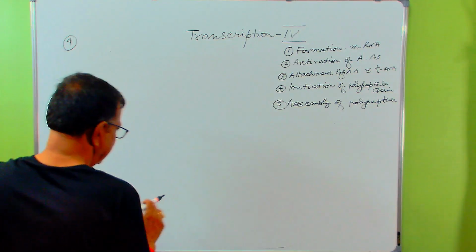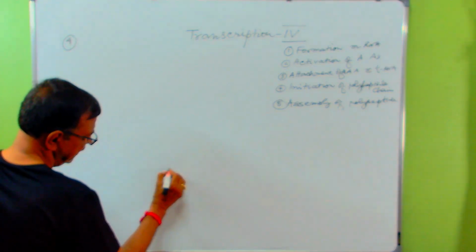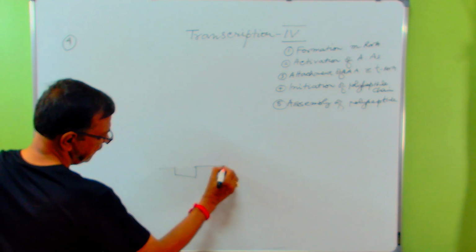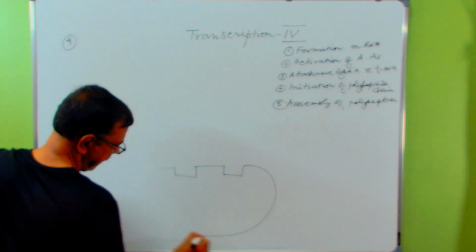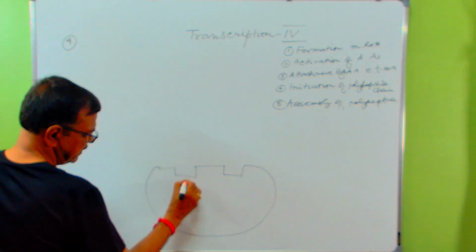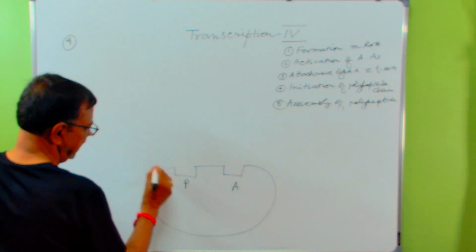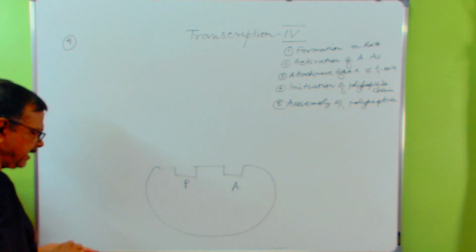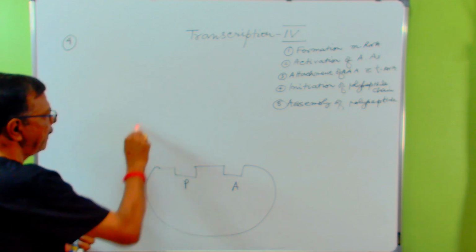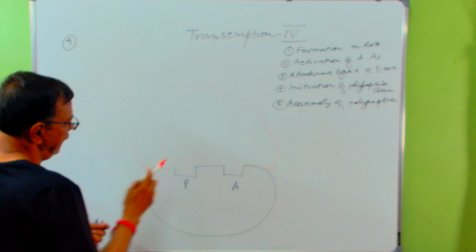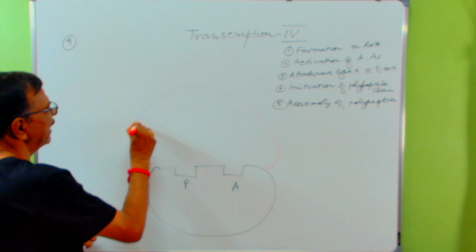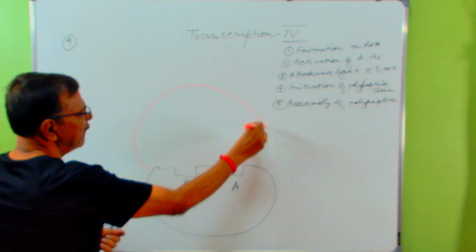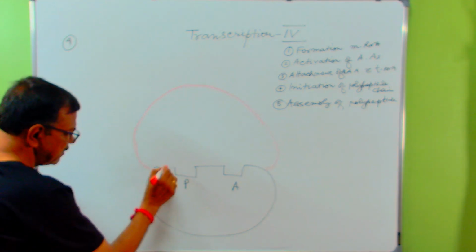My question is a little different. Say this is 30S, this is the P site, this is the A site, and the bigger one has a P site here.